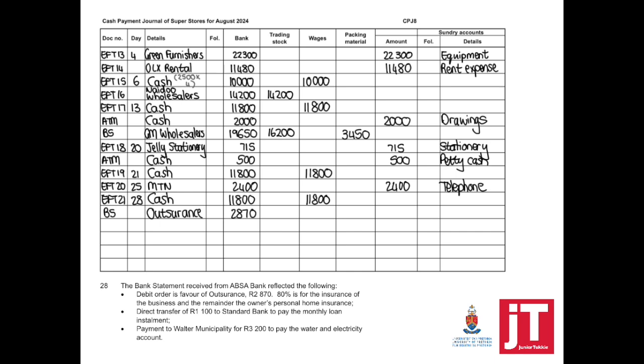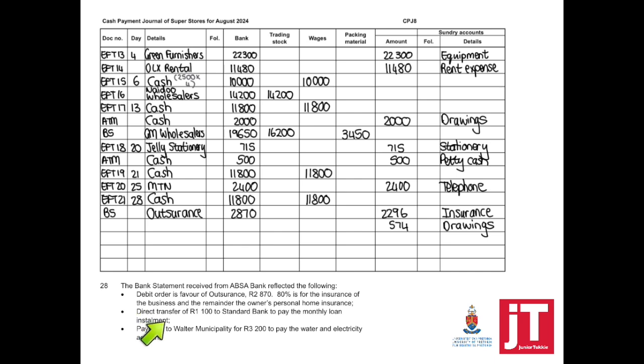Anything that the owner takes for personal use is shown as drawings. So this means the first part of the transaction, take 2,870 times 80%, that is insurance, and then the 20%, or just take 2,870 minus 2,296 equals 574, which will go to drawings.